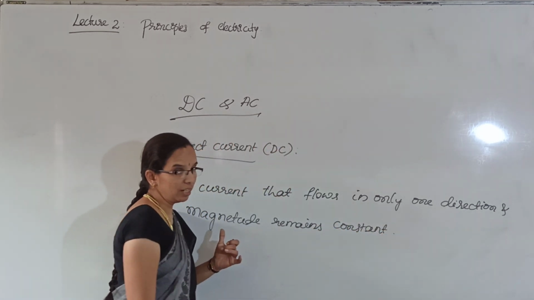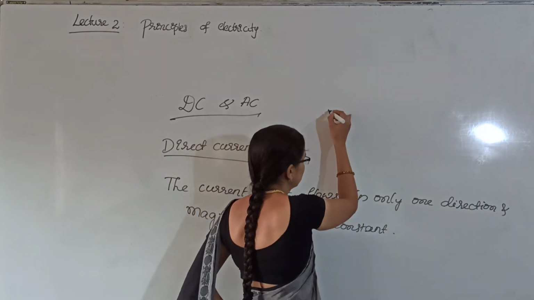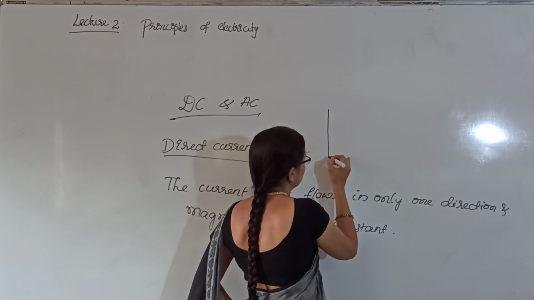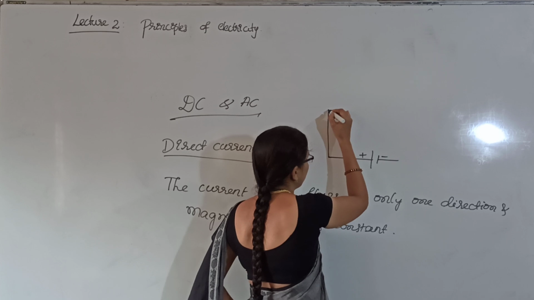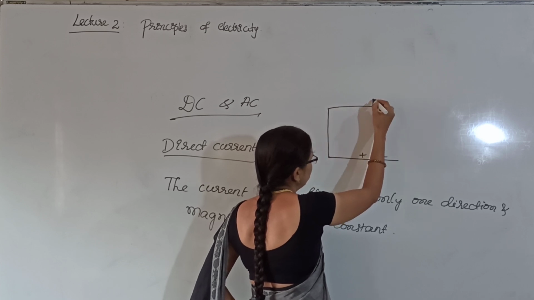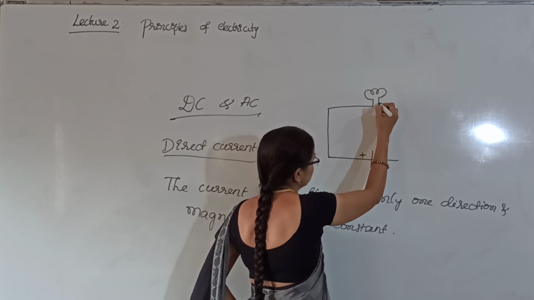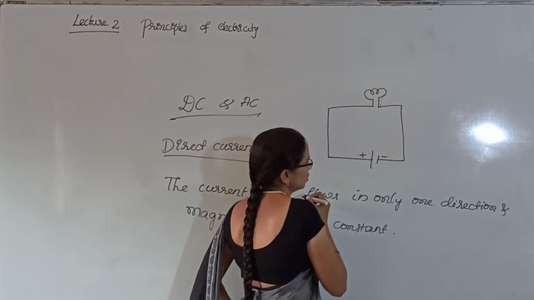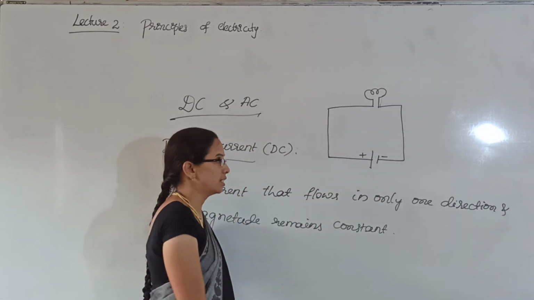Then it is said to be DC current. For example, if you connect a bulb over here to a cell, a DC source is connected, a cell is connected here.